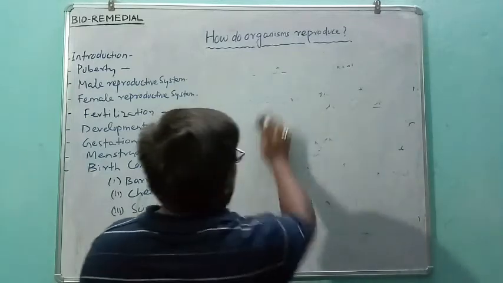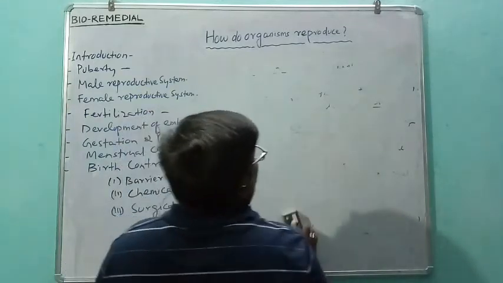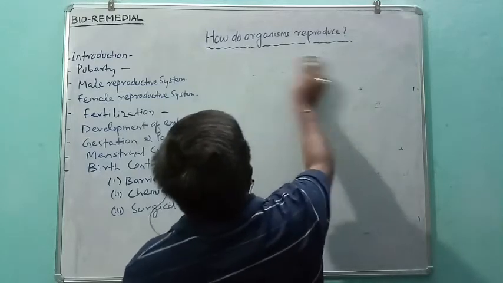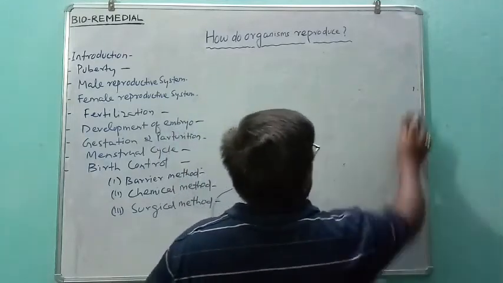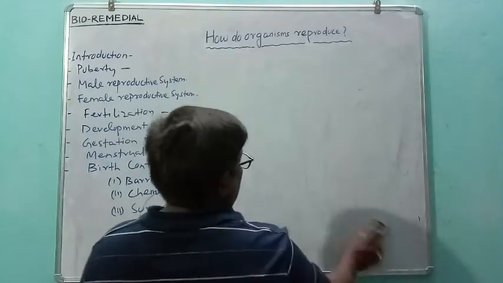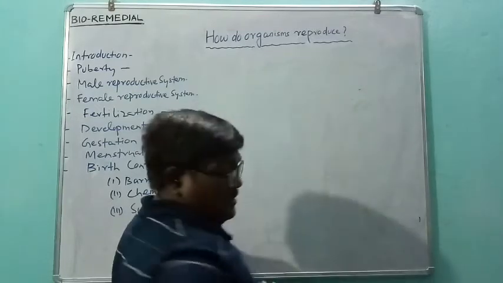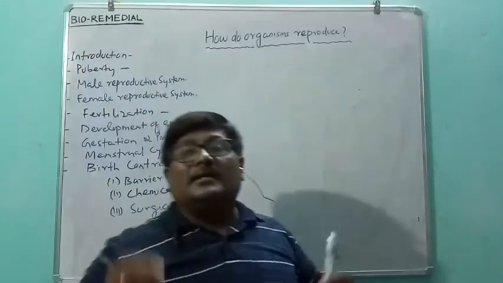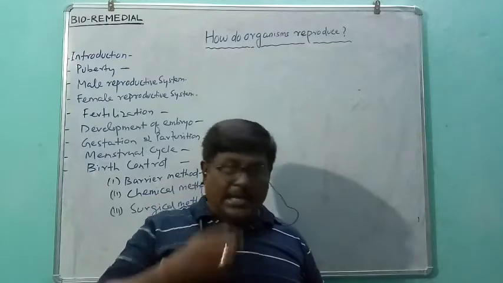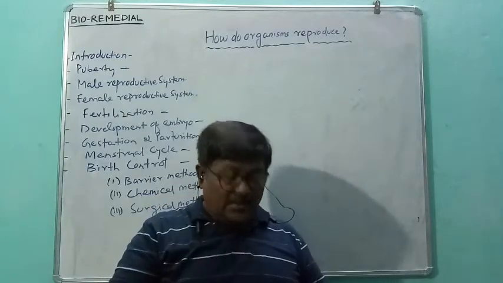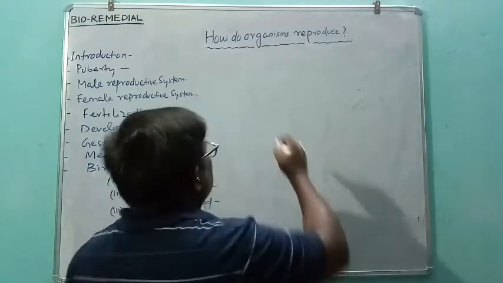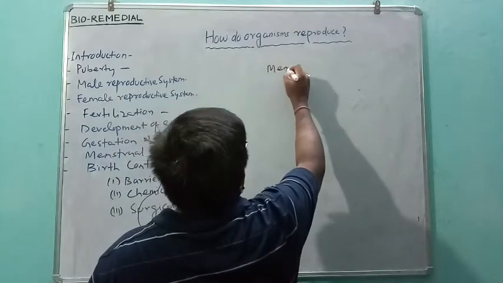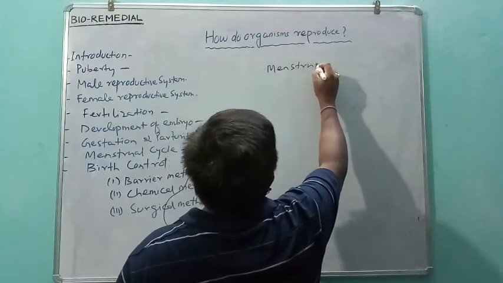What will happen if there is no fertilization? Every month in the female body, the ovary releases one mature egg. And what happens in the menstrual cycle?